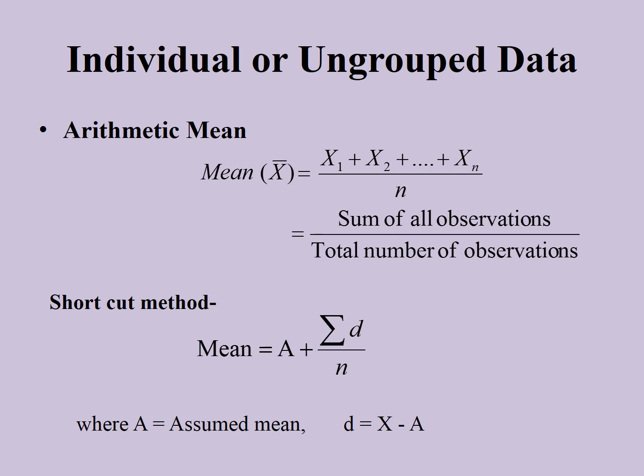So the sum of all values you have, and after that you divide by the number of values. Suppose 200 students are here, I have to add the weights of all 200 students and divide by the number of observations, that is n. Here n is equal to 200. Whatever answer comes is called the mean, and that is a very simple method to calculate a mean.